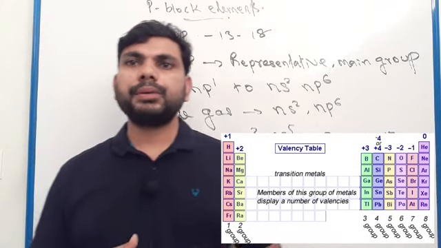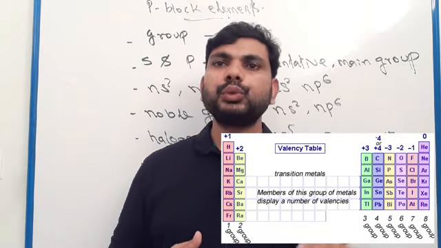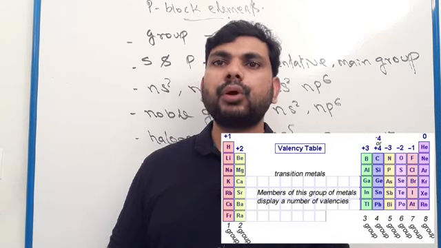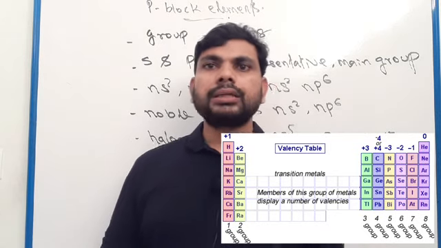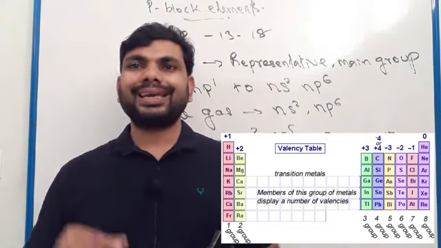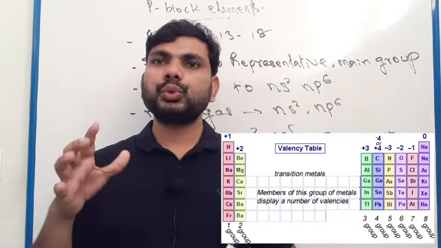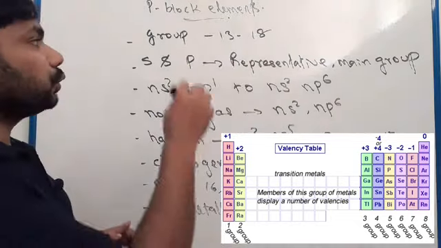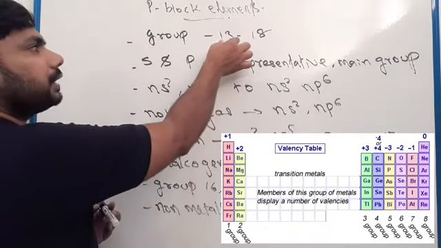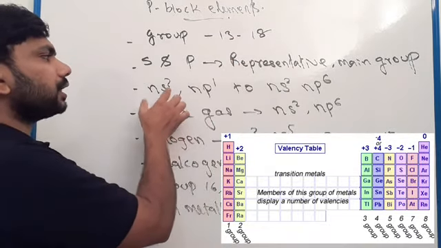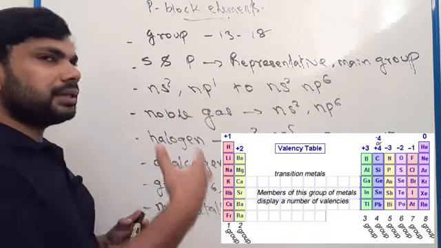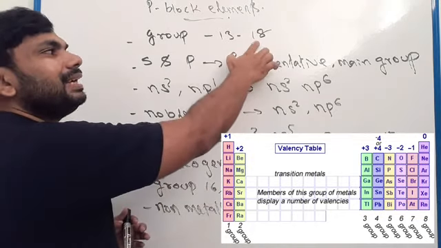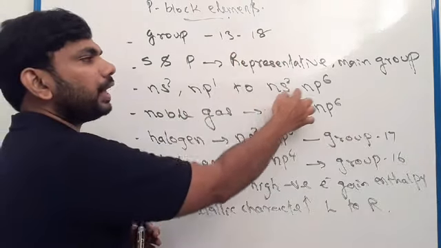P block elements mean group 13 to group 18. These are P block elements, and outer shell electron configuration is ns2 np1 to ns2 np6. So group 13, its outer shell electron configuration is ns2 np1, then ns2 np2, ns2 np3, then it will end in group 18 with ns2 np6.